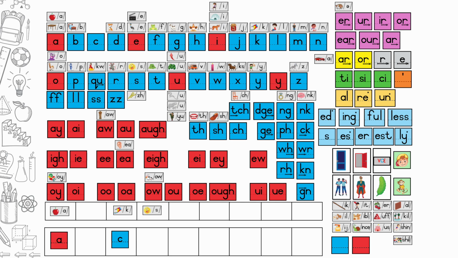A says A. B says B. C says K. But if it's followed by E, I, Y, it says S.